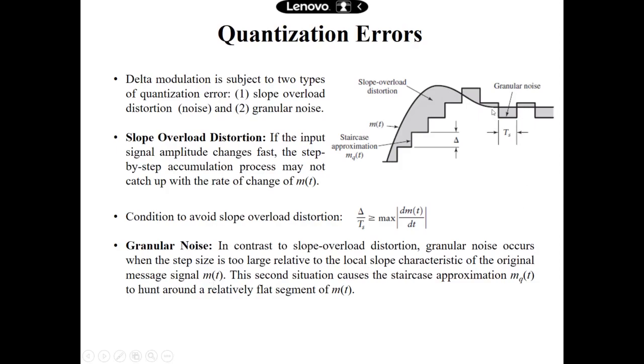Now my message signal is constantly varying, or you can say having a small variation, but my step size is higher. This second situation causes the staircase approximation m_q(t) to hunt around a relatively flat segment of m(t). So this is your granular noise if it's too high.